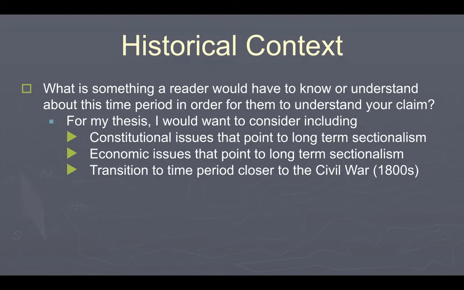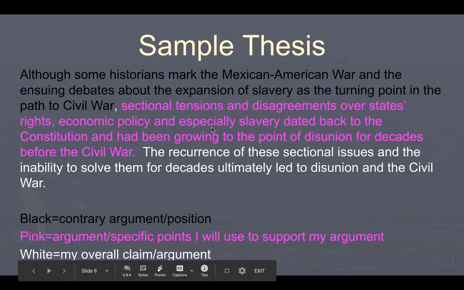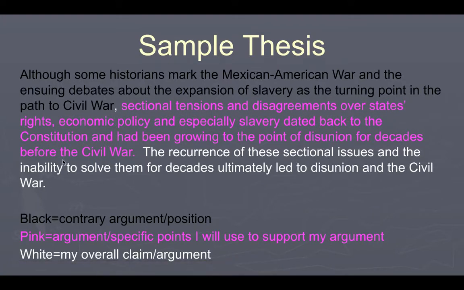And then I would want to bring up the economic issues that point to long-term sectionalism. So the fact that the North and the West were greatly helped by the market revolution, but that slavery seemed to really stick in the South because of their constant connection to farming, most notably cash crop farming. And then, of course, I'd want to start transitioning towards this particular time period, especially since my thesis does bring up the sectional issues that come up closer to the Civil War.